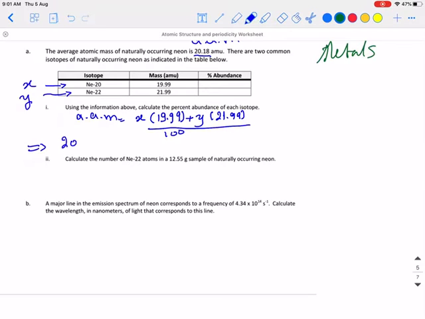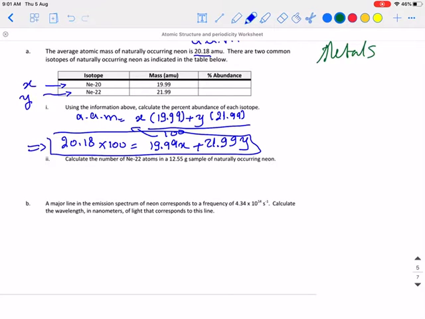Average atomic mass given is 20.18. I will multiply by 100, so 2018 equals 19.99x plus 21.99y. And this is the first equation that I construct.